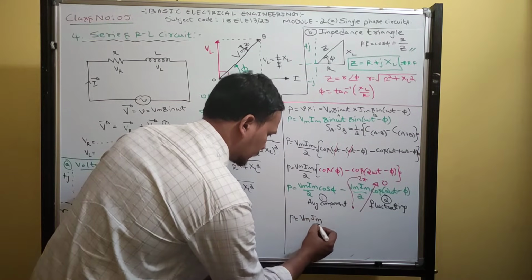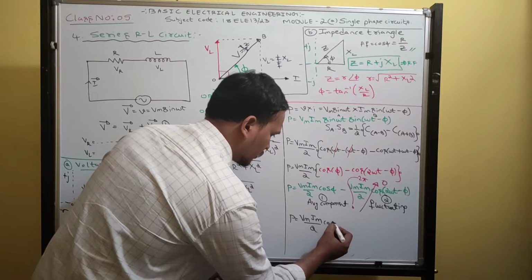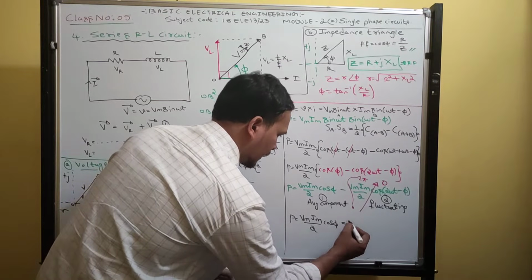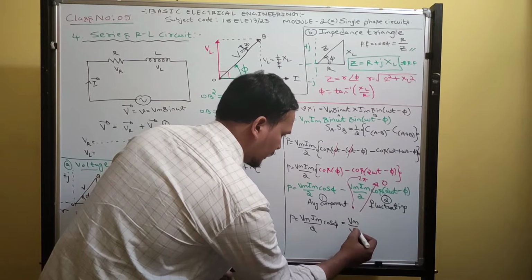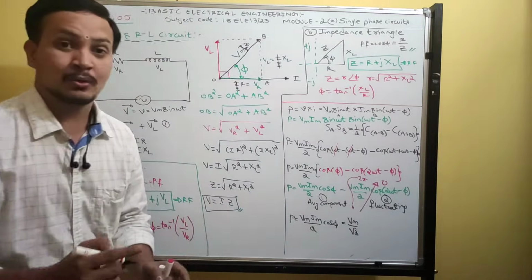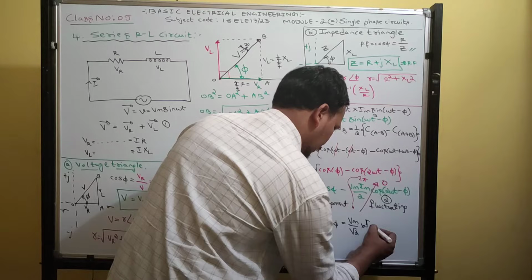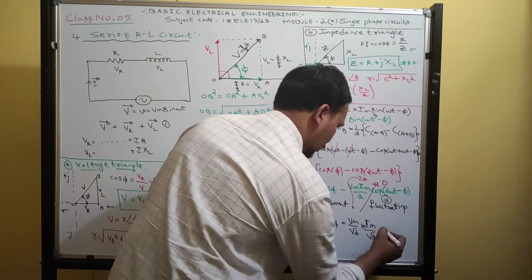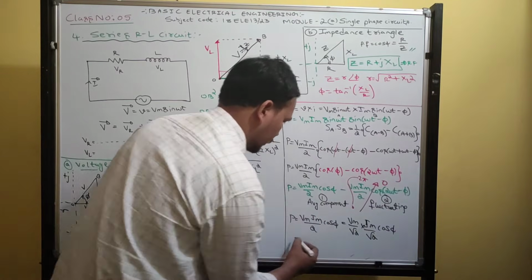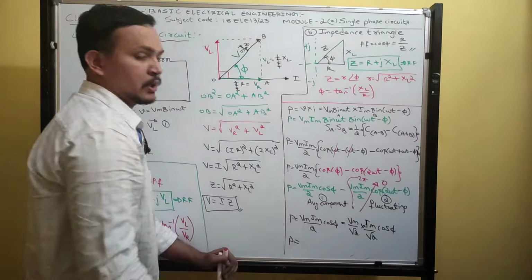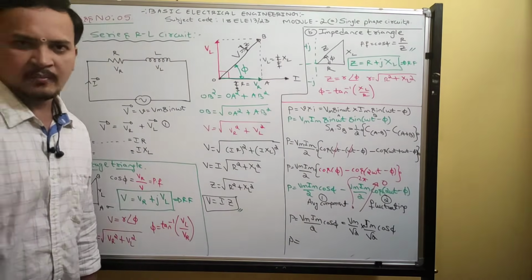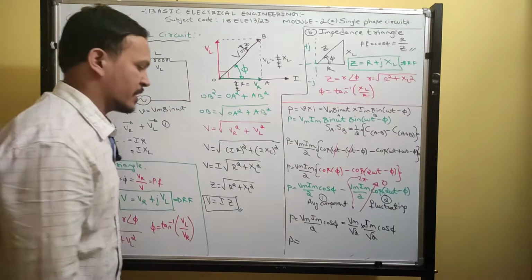Hence, I can write like this: Vm Im by 2 into cos pi. What can I write in the next step? Vm by root 2, this 2 I am modifying as root 2 into root 2. So Vm by root 2 into Im by root 2 into cos pi. Guys, what is Vm by root 2? VRMS or V average? Very good, VRMS.